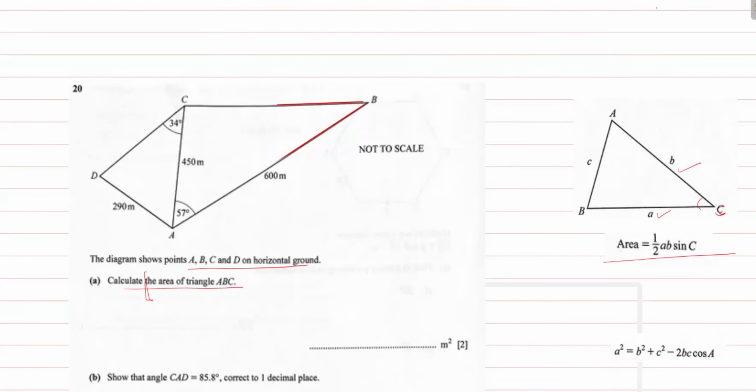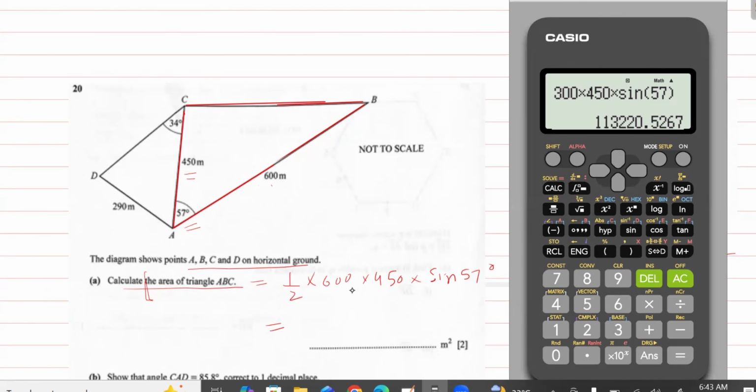In this triangle ABC, look here, this is the triangle ABC. And here the two adjacent sides are 600 and 450. The angle between them is 57. According to this, we will write 1 over 2 times 600 times 450 multiplied by sine 57. This will be equal to 300 multiplied by 450 into sine 57.